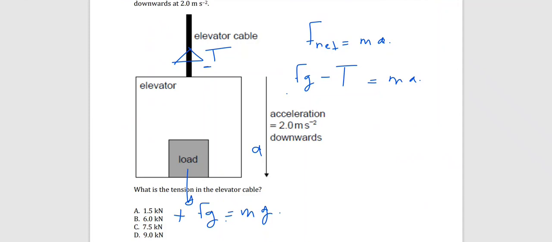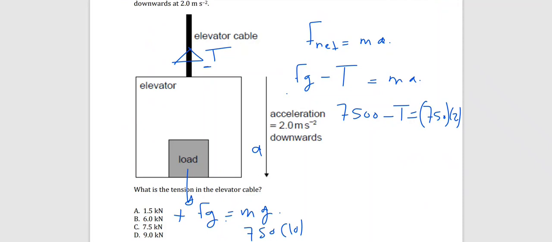Mass of the elevator 750 times 10, so it will be 7,500, minus T. This will equal 750 times the acceleration, which is 2.